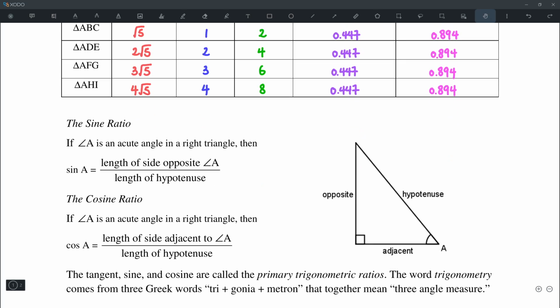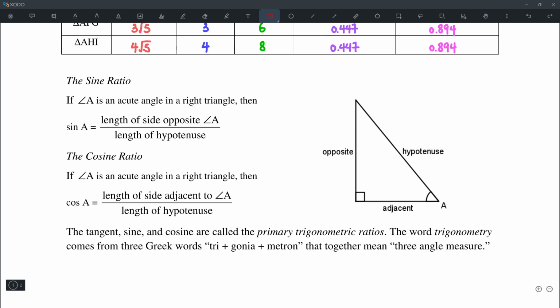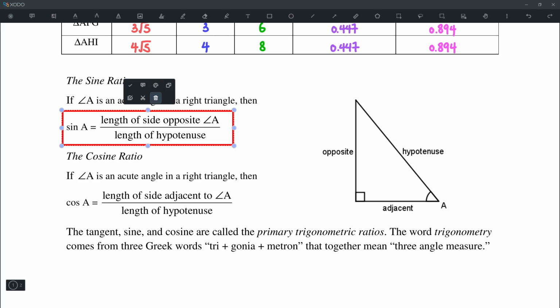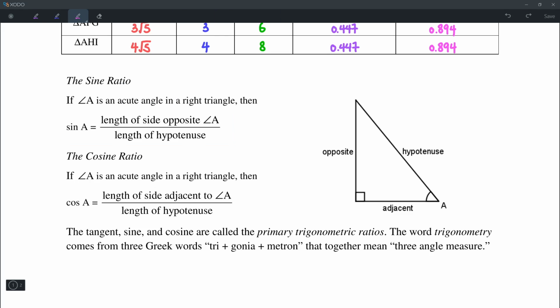Okay, so once again, the definitions are given to us here and here as well. And our usual shorthand for these are sine A is equal to opposite over hypotenuse, and then cosine A is equal to adjacent divided by hypotenuse.